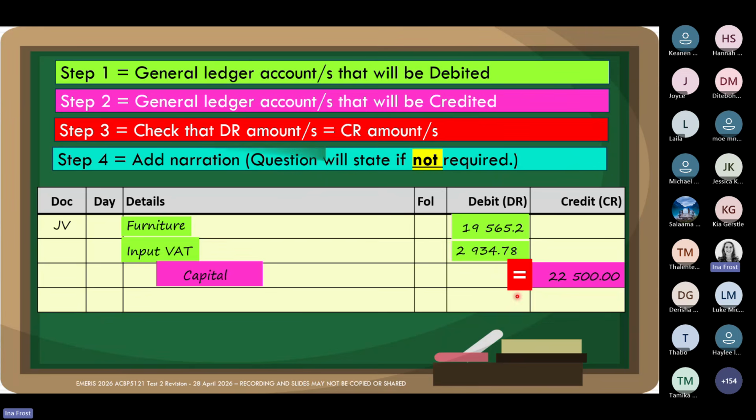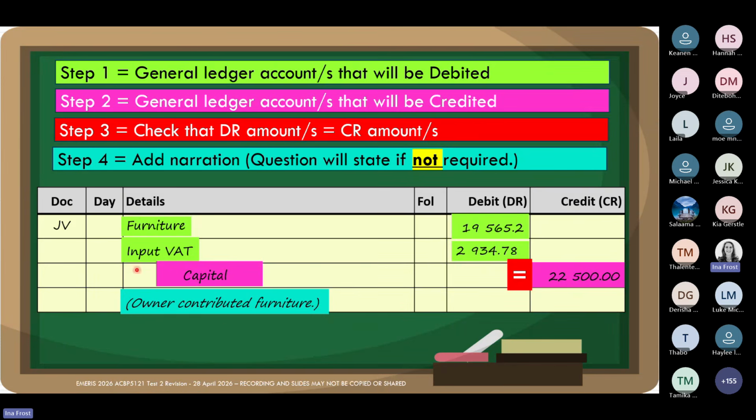And then the last thing we add to make it a complete general journal entry is the narration. A narration is just a one-line sentence as to why we made this entry. So we're just saying here, the owner contributed furniture. That is our narration.